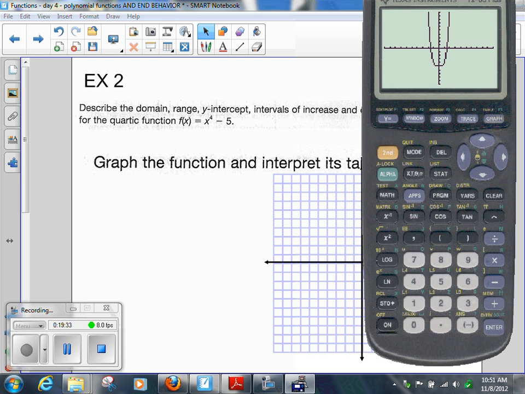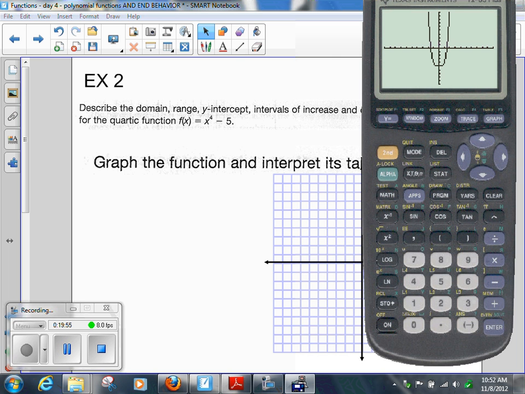Ooh, that still looks like a what? It still looks like a parabola, but it does look different. Why does this parabola look different than our typical? It's kind of flat. Okay, it's flat, right?